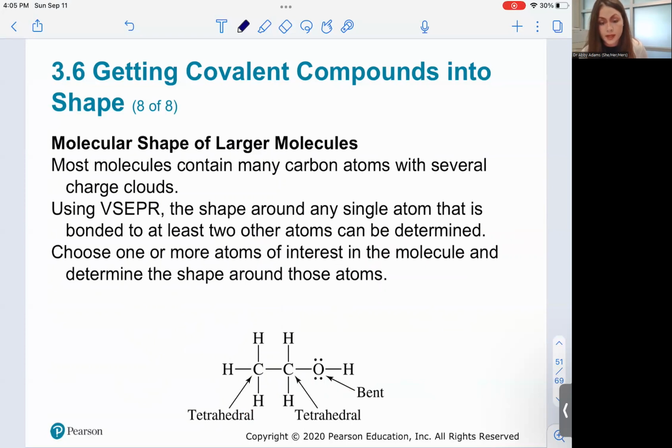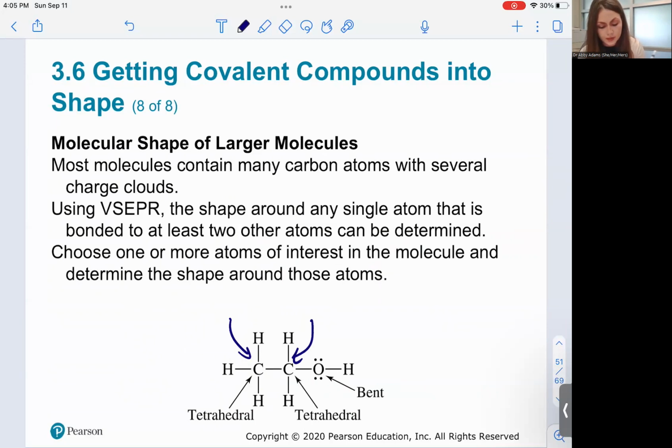So you're also going to have to think about the molecular shape of larger molecules. Okay, so you might have multiple carbons, right? Like you have right here in this example. All right.